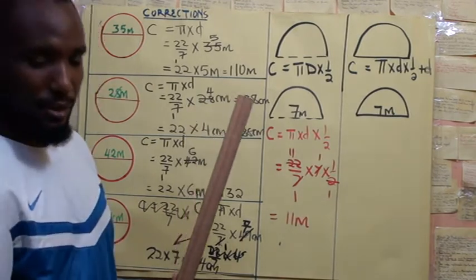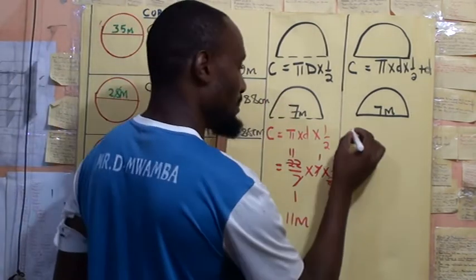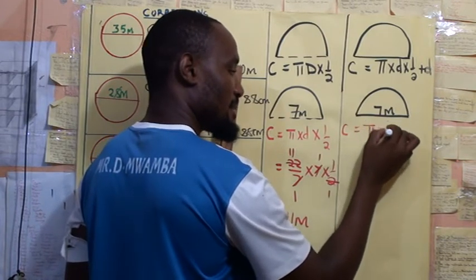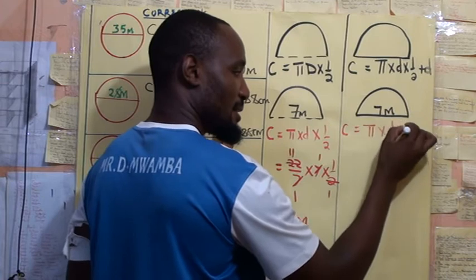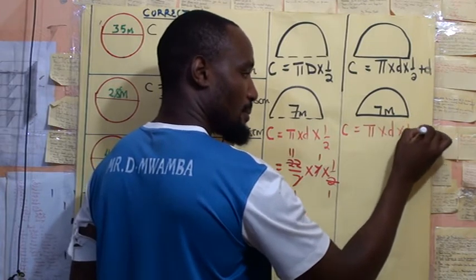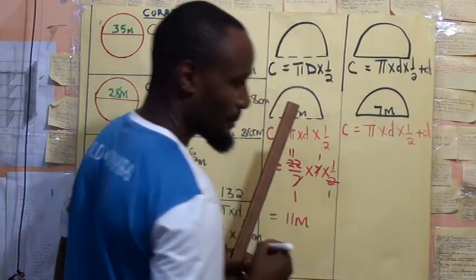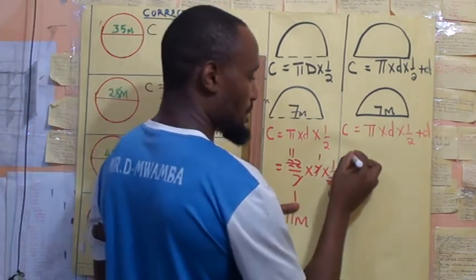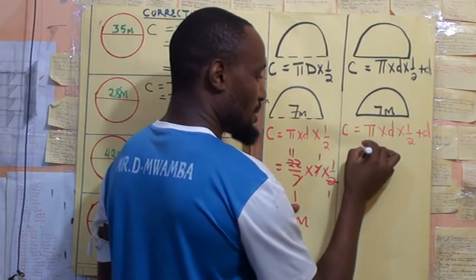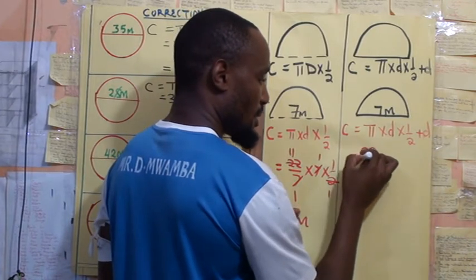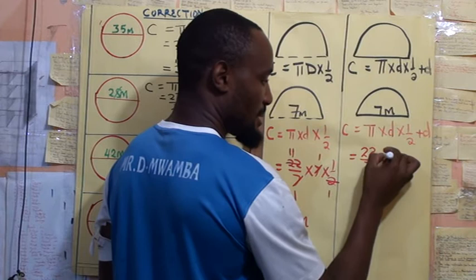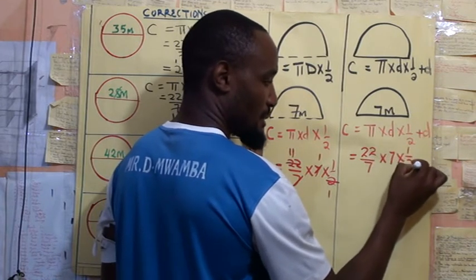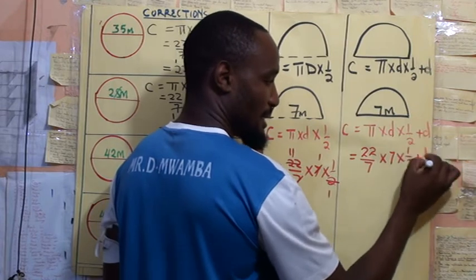Now let us look at the other one. It is not the same, but we say circumference is equals to pi times diameter times a half plus d. So what are you going to do? You're going to say 22 over 7 times 7 times a half, then plus diameter.